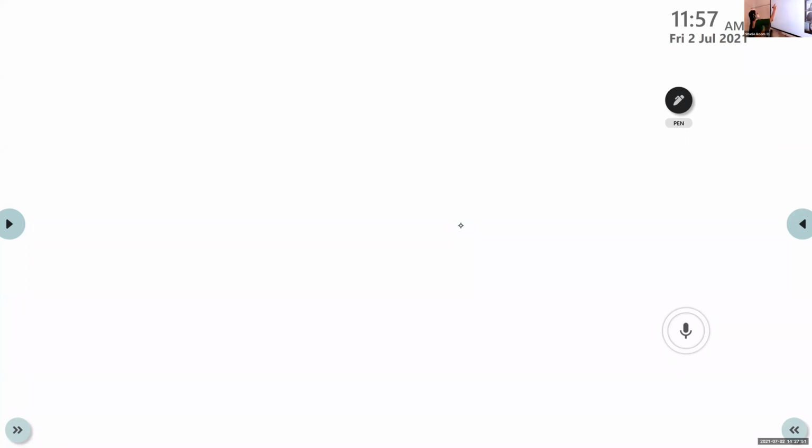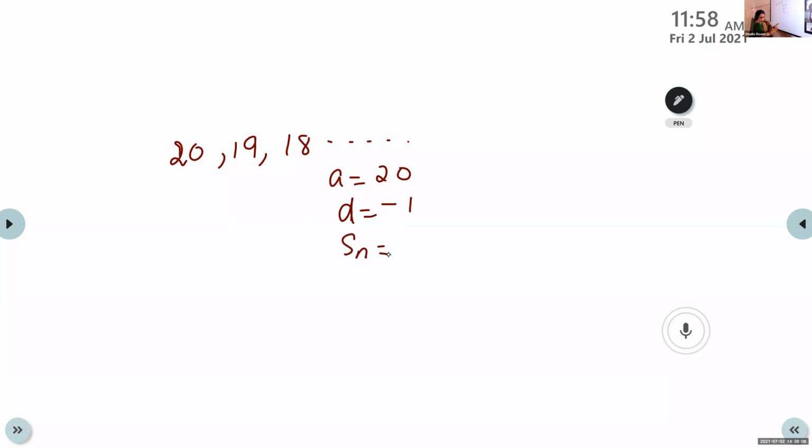So we know that first it is 20, then 19, 18, and so on. Then a equal to 20, d equal to -1, Sn equal to 200. Minha, give the steps. We know that Sn equal to n by 2 into 2a plus n minus 1 into d.